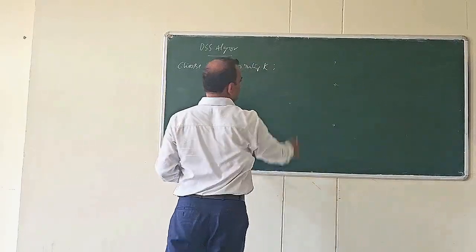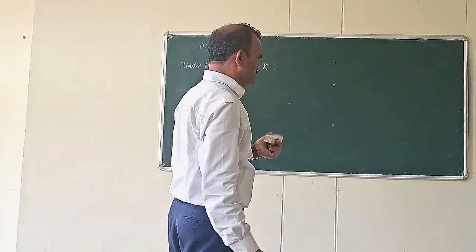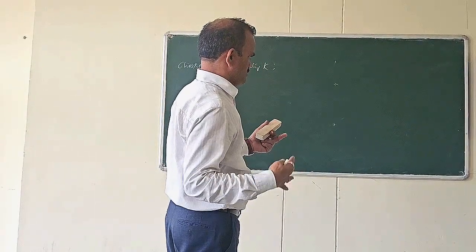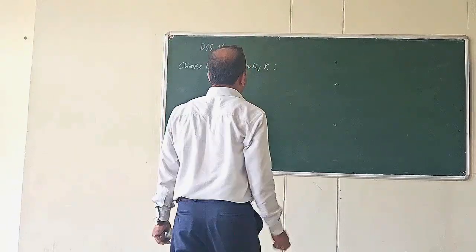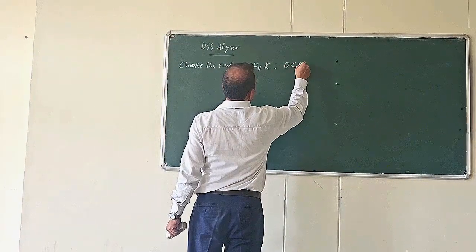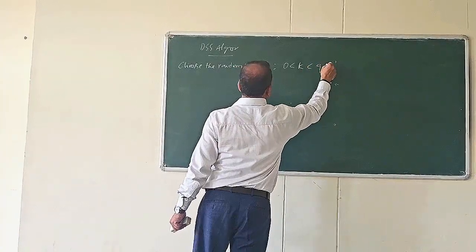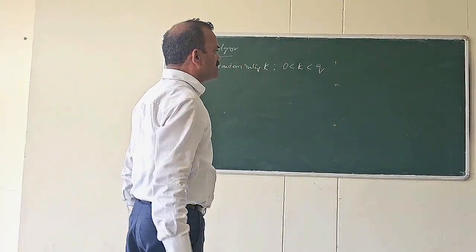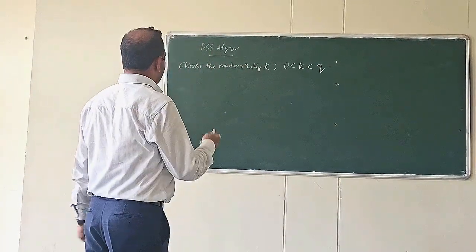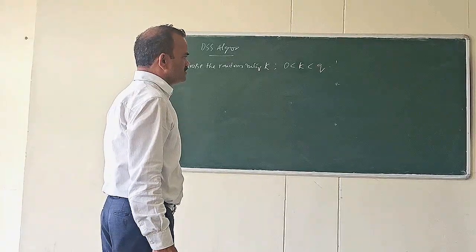K lies between 0 and q, 0 is less than k, less than q. Right?